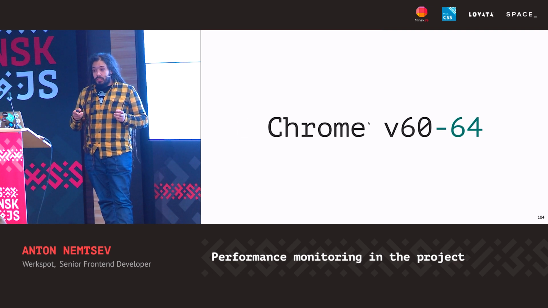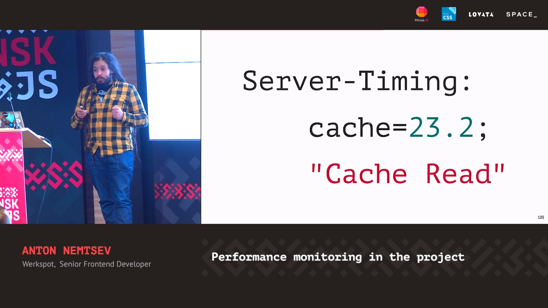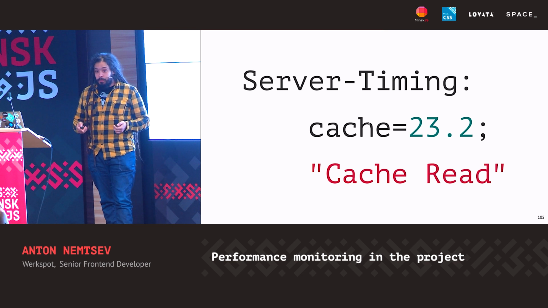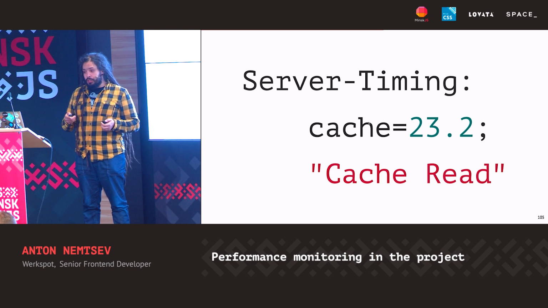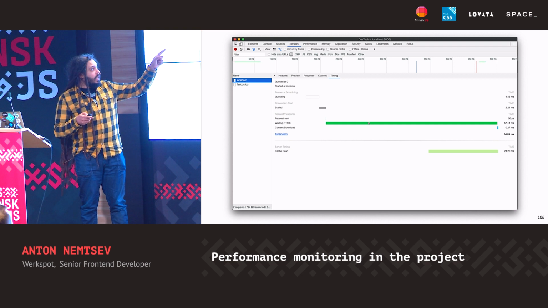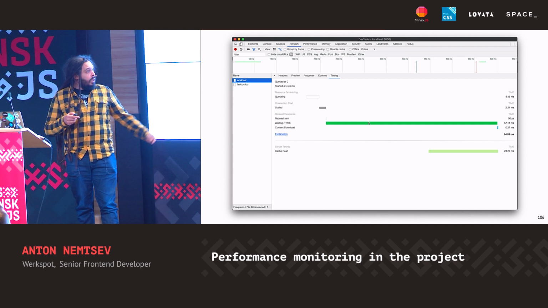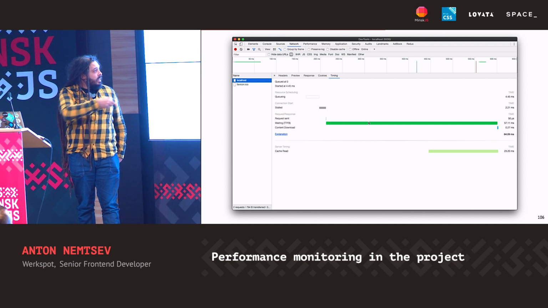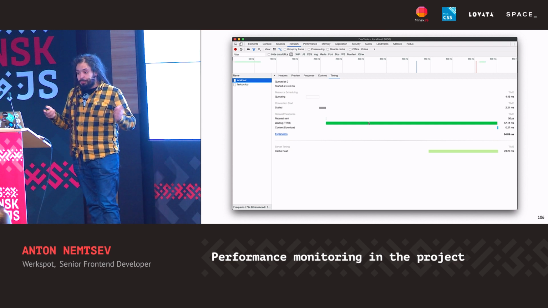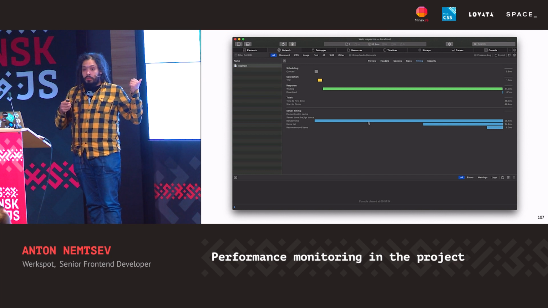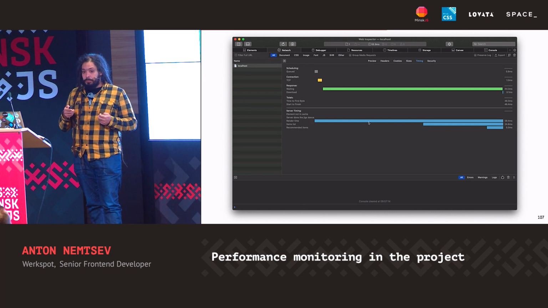In Chrome 60, where it appeared, up to 64, you have a little bit different format, like always, but not many changes there. And it looks like this. In the network timing, you see that something hit the cache. This is how it looks in Safari.